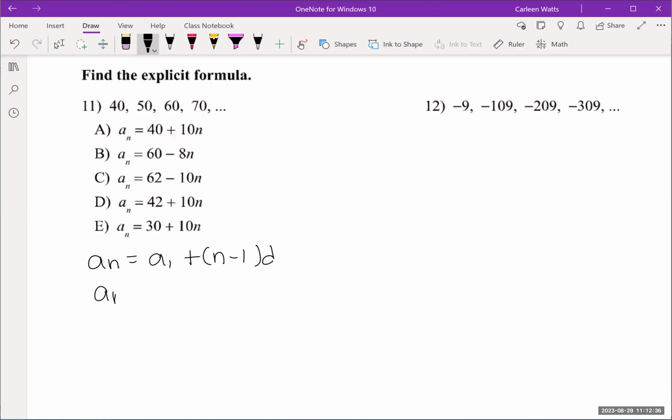So a sub n, what is a sub 1? What is the first term? 40. Yeah, right there. Plus n minus 1. Notice, don't plug anything in there. Don't plug in for n. But now I need d. All right, d is 10 because I notice we're going up 10.